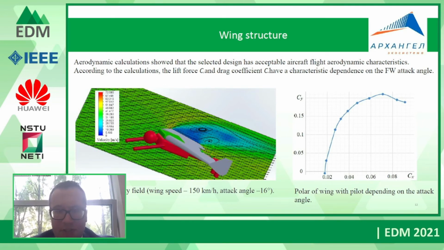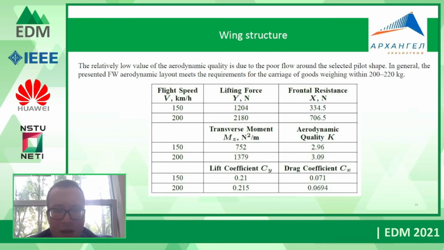So the next slide, please. Here we could see the parameters, the lifting force and resistance at different speeds, at cruising speed and maximum speed, or the aerodynamic quality. It's approximately 3.